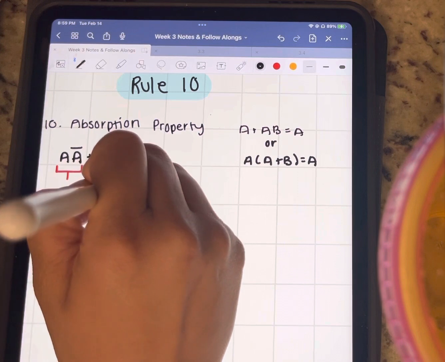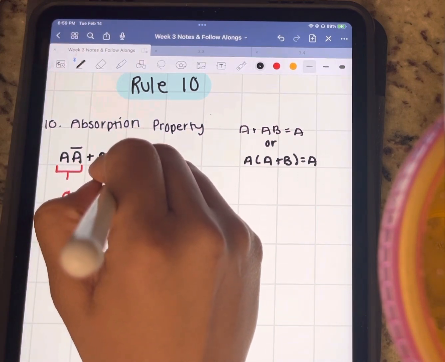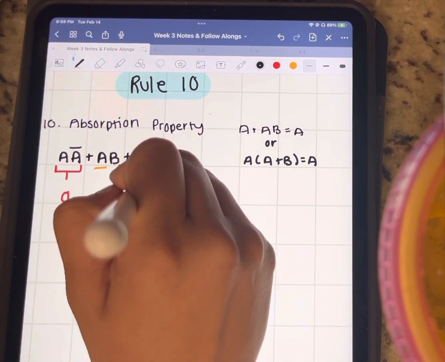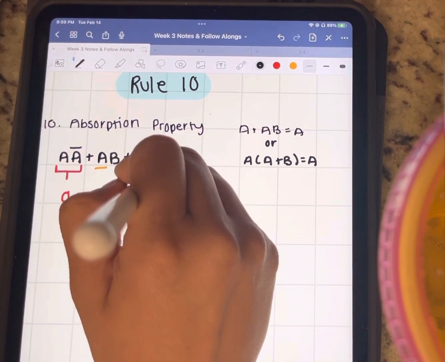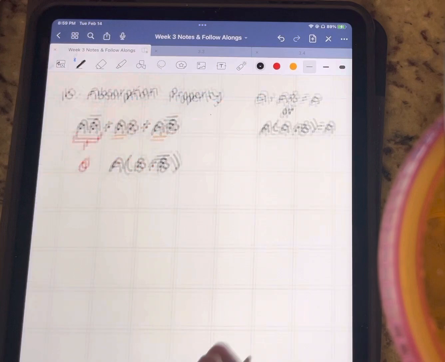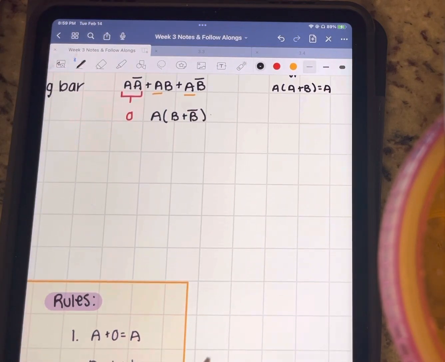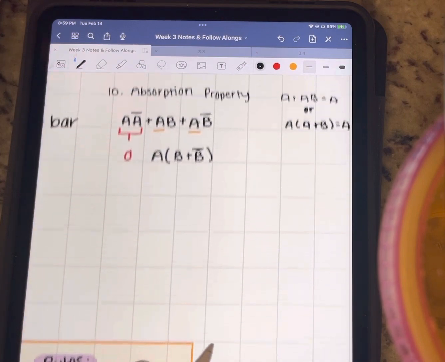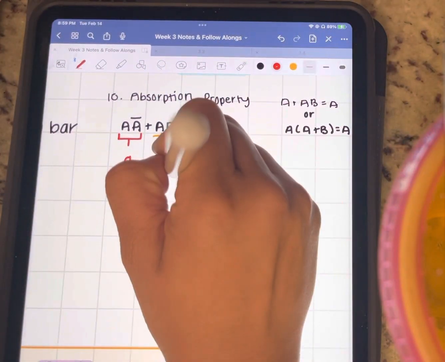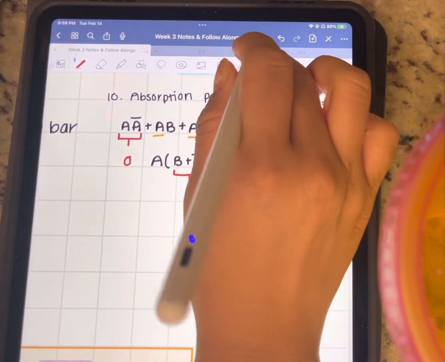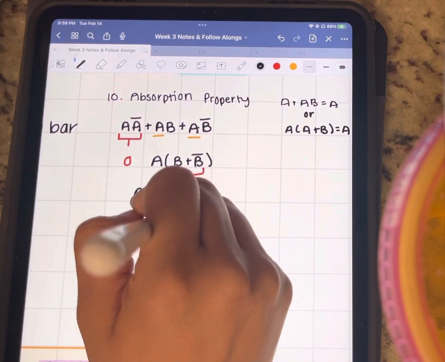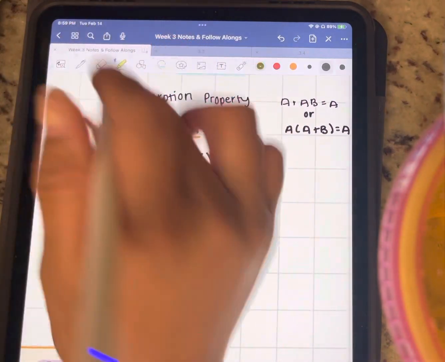So here we have A times the quantity, or ANDed with, B plus B. And here we can look at our properties. B plus B prime equals 1. So this is going to equal 1. And our final answer is just A.